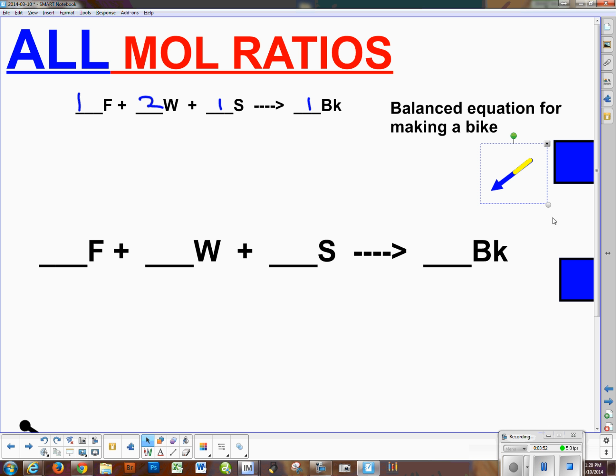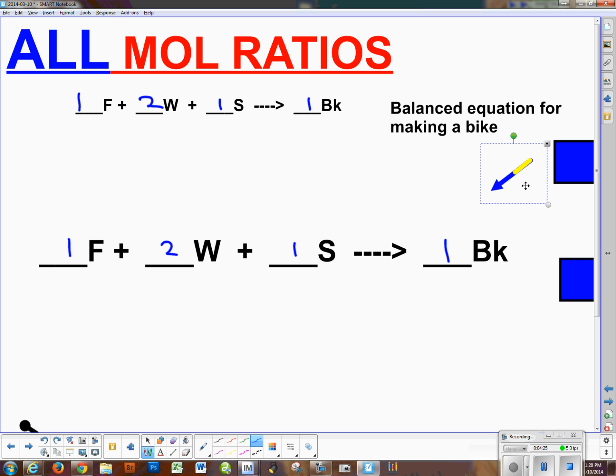In question number 2 on page 357, you're asked to determine the possible mole ratios for the following balanced chemical equations. And in number 3, you're supposed to balance your equation and then determine the same mole ratios. So let's go ahead and determine those ratios, and we'll do that right now. First of all, we have to get in our coefficients. So we have 1 to 2 to 1 to 1.